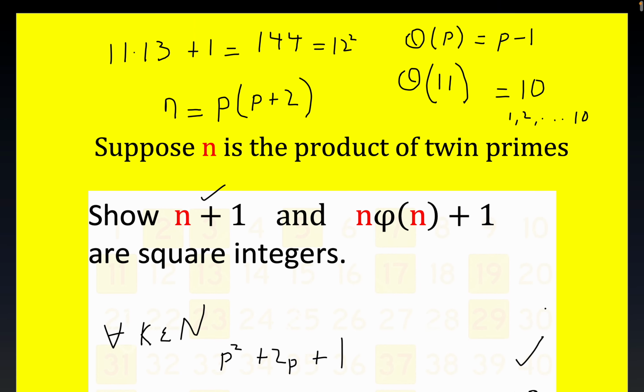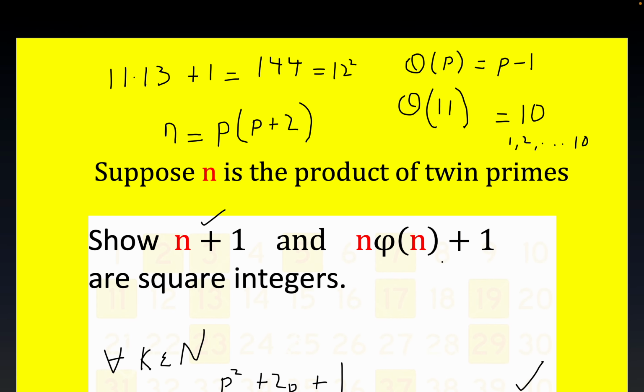So let's use our example right here, for the case n equals 11 times 12, folks.